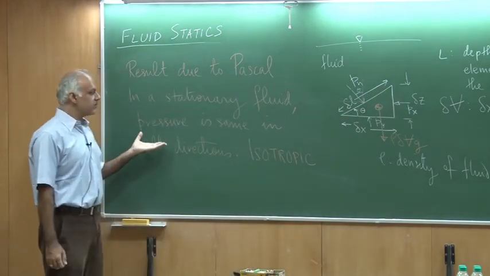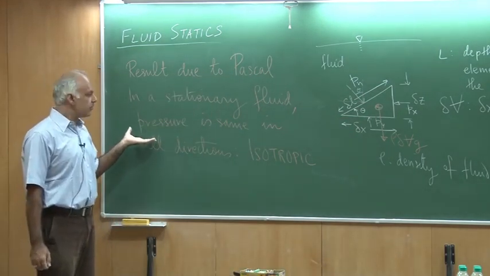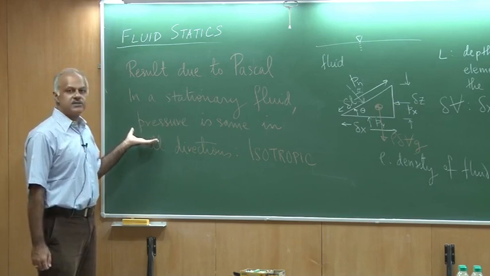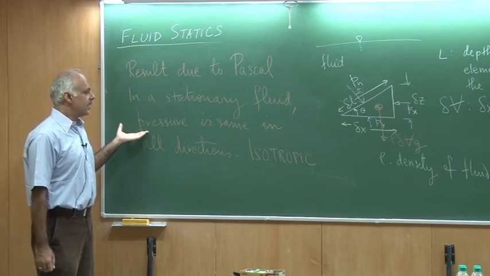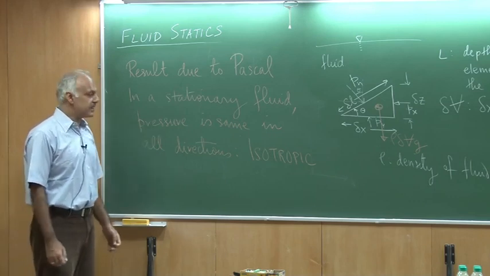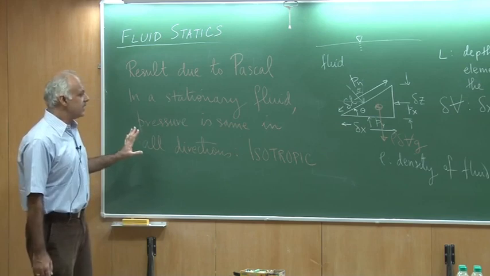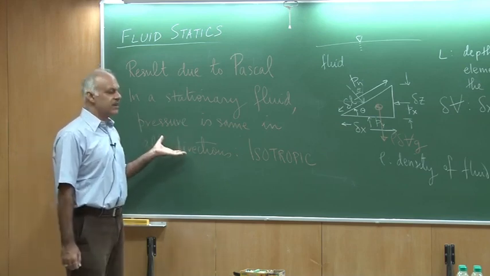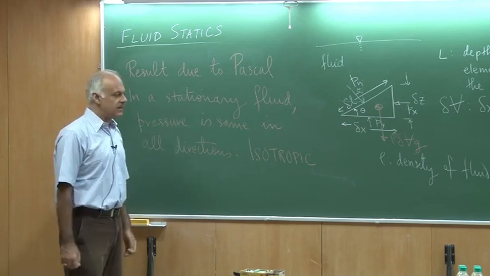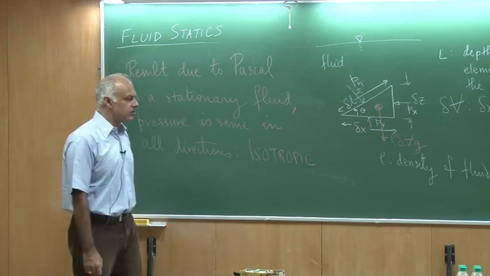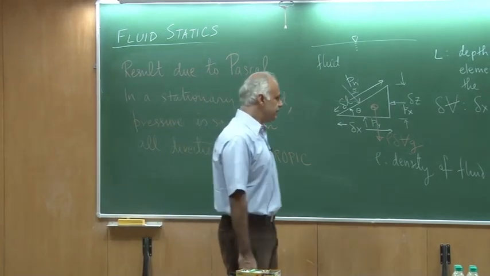Please note that we have not proved this result for a fluid that is moving, or which has different speeds at different points in time. So this result we have shown is proven only for a stationary fluid, but of course we know that this result is true for other situations also where the fluid is moving.